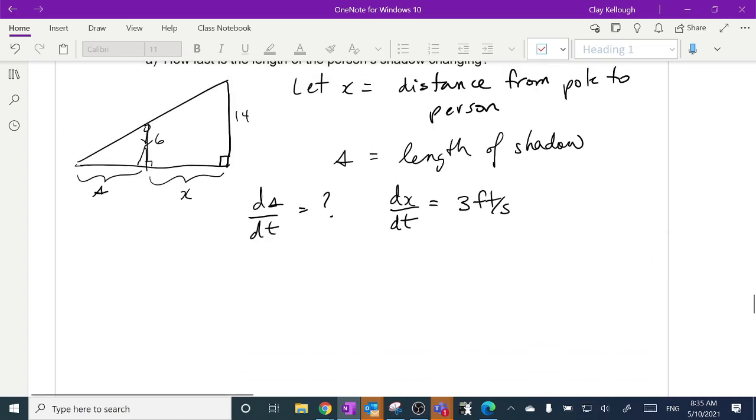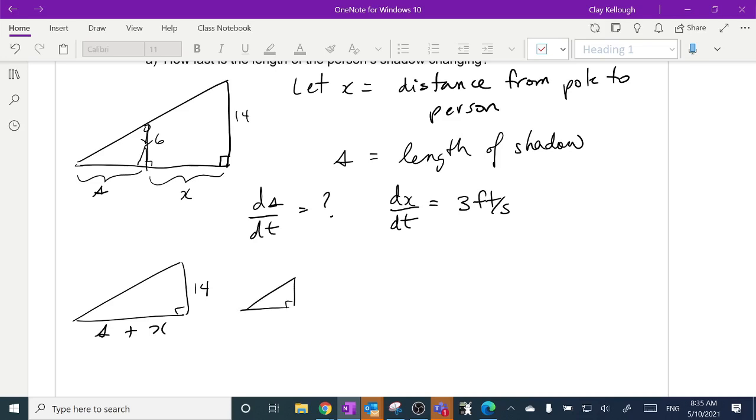And can you see the similar triangles? Do you see that this, here, let me split them up. The situation has 2 triangles, right? A 14 by s plus x, and a smaller version that's exactly the same shape, just a different size, right? They are proportional to each other, which means I can make a ratio of any 2 lengths, and they should be proportional to each other.